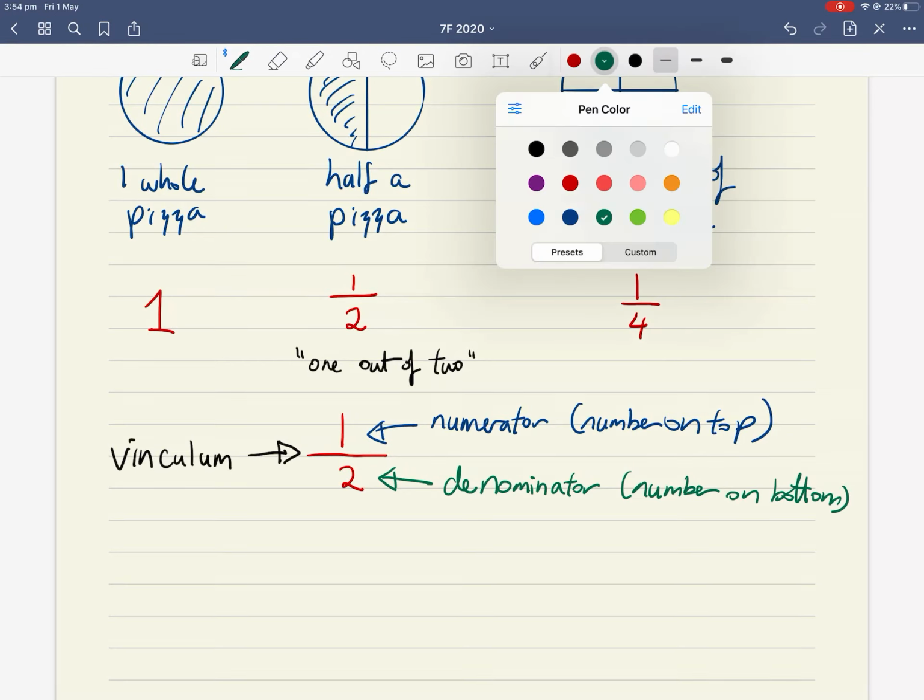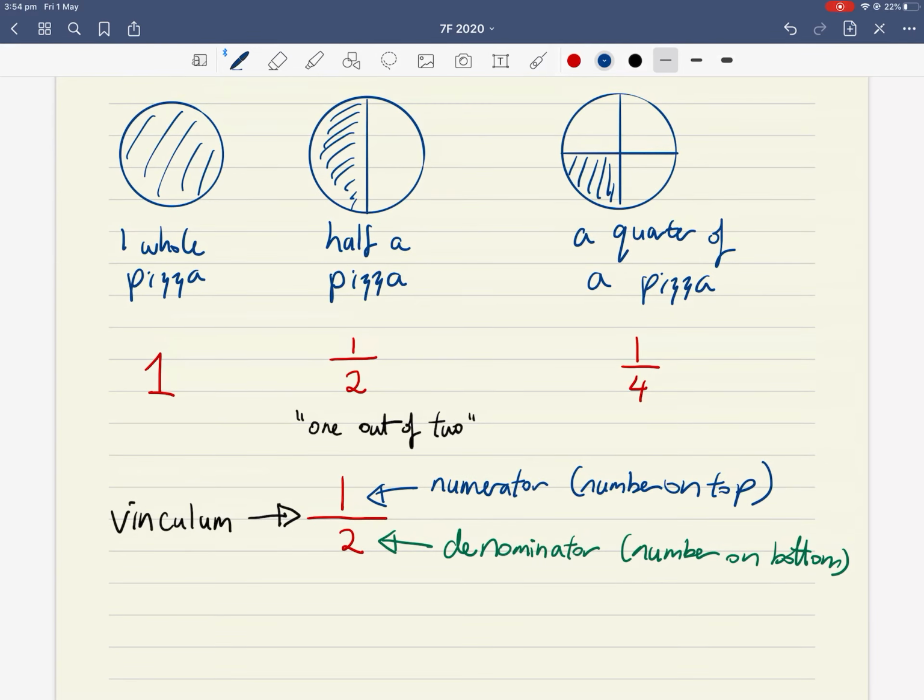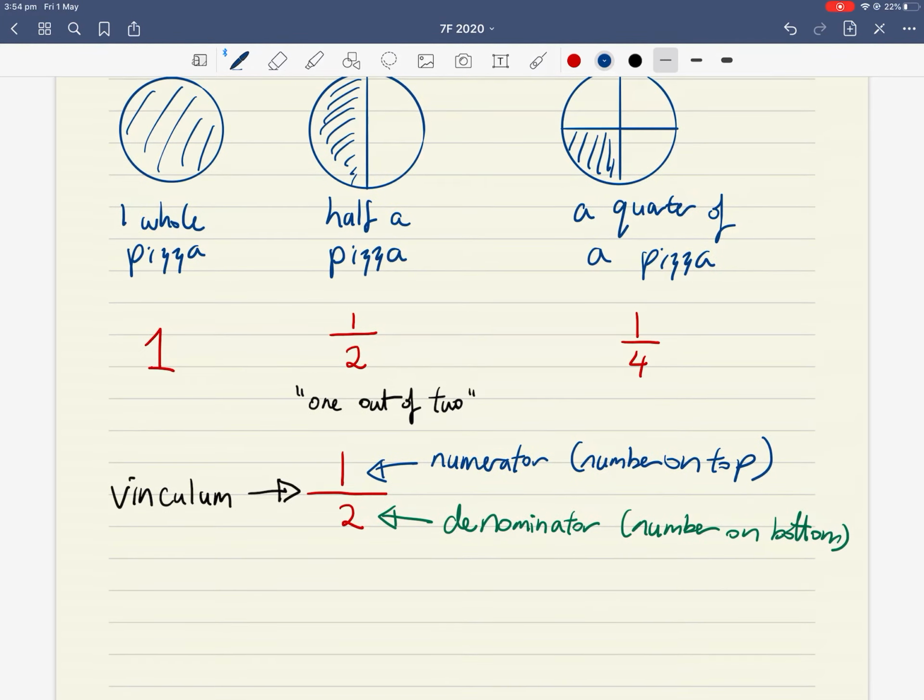So the numerator, the number on top, is really how many pieces you have, whereas the denominator is the total number of parts that you have, right? So for example, if you're talking about 1/4 of a pizza, in total we had 4 slices of pizza because we cut it up into 4 slices, and then you took 1 slice out of the 4 slices.